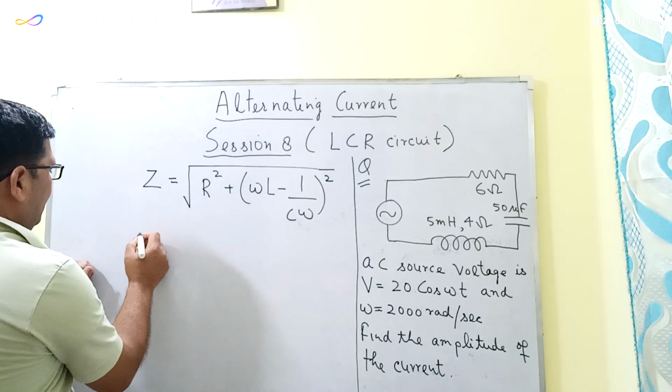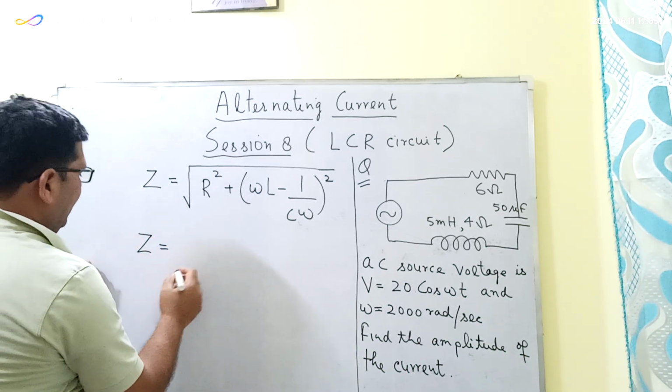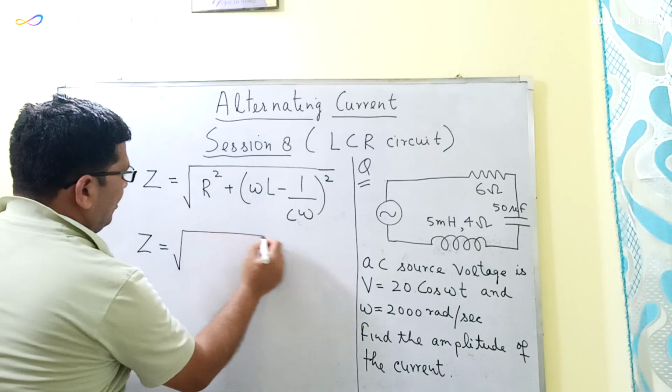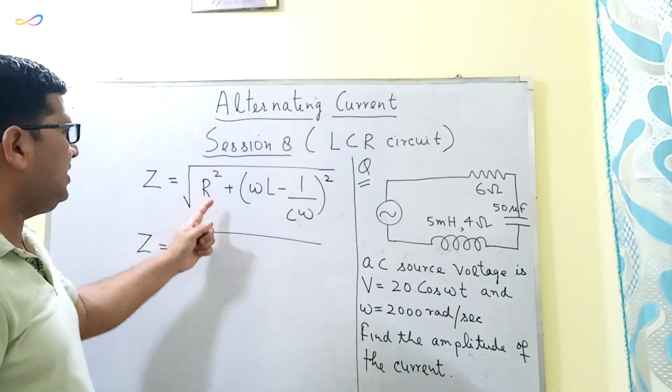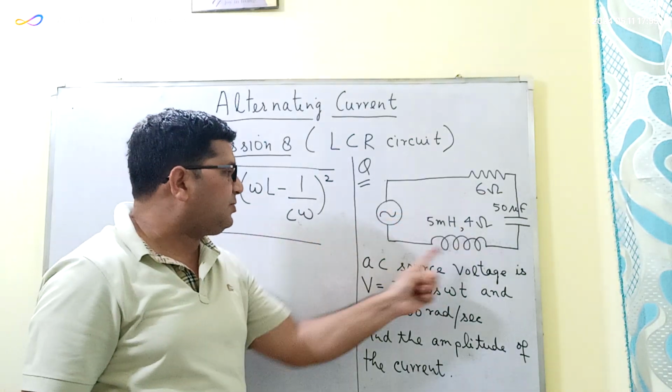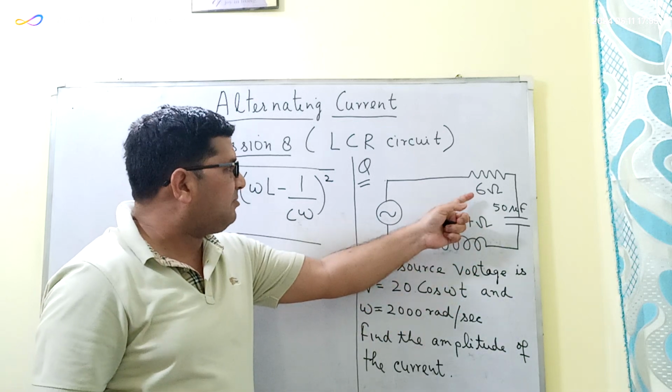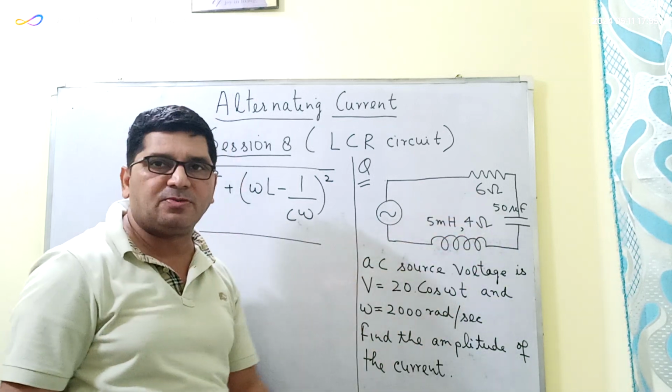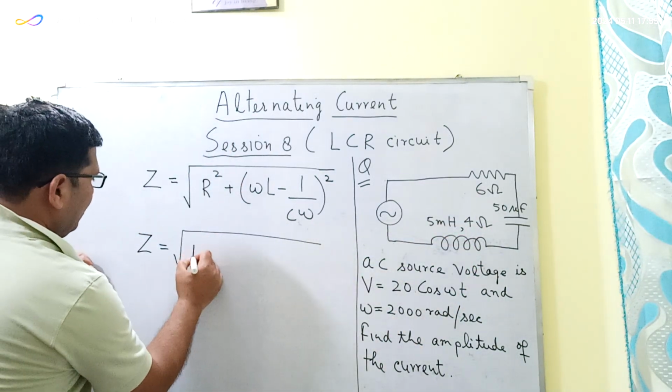So from this equation, Z will be equal to, now R is the effective resistance of this circuit. In this case it will be equal to 6 plus 4, which is equal to 10 ohms.